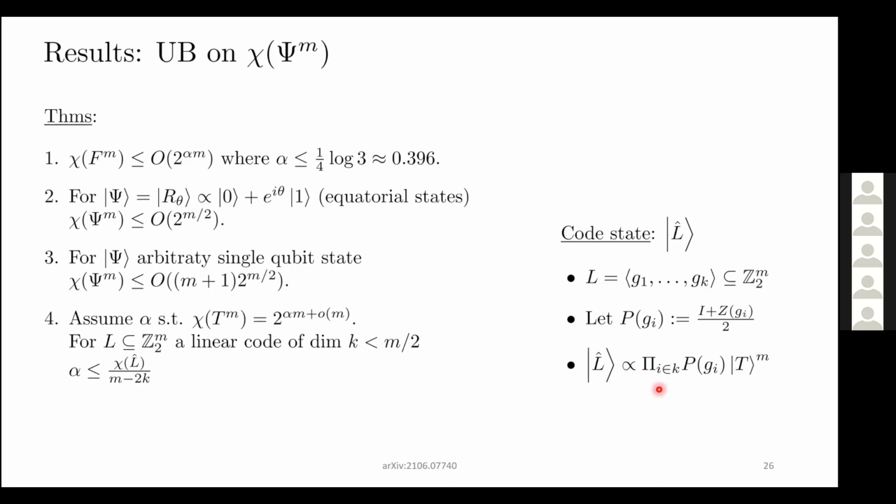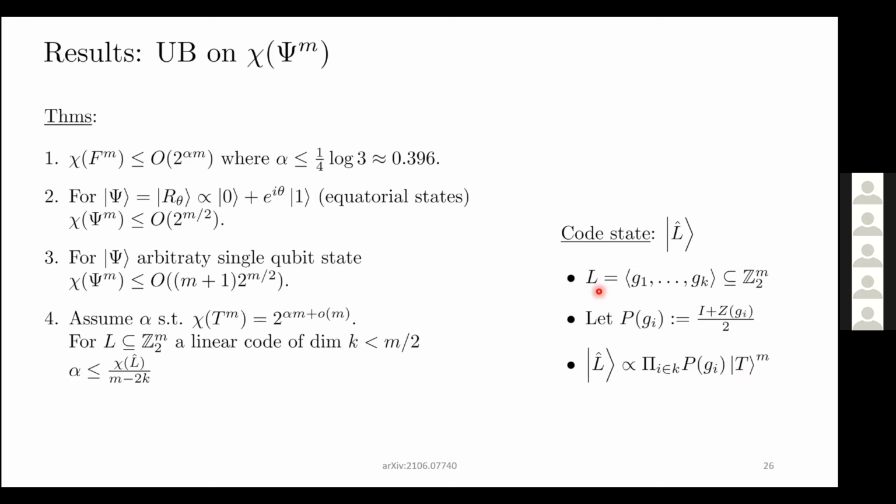We know that these are a commuting set of Paulis, and so they're isomorphic to addition in binary strings, and so you basically get a code. It's a linear combination of all code words that are strings of T's and T perps, which correspond to code words in L.